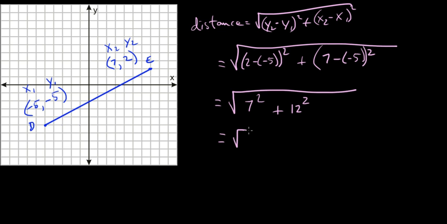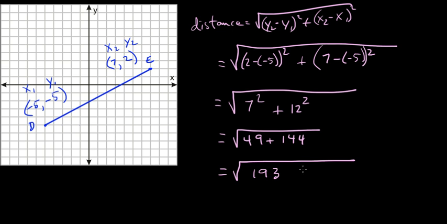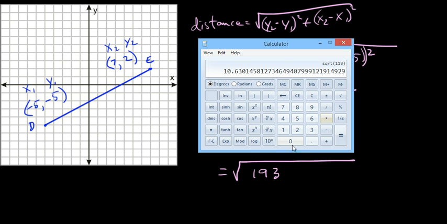And that equals the square root of 49 plus 144, which equals the square root of 193, I believe.